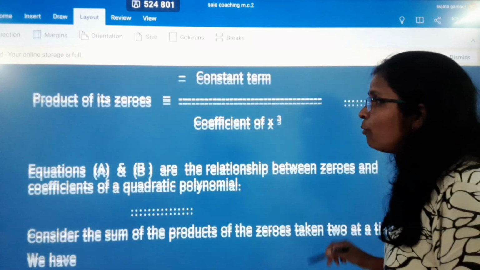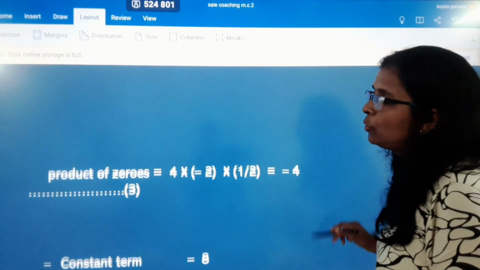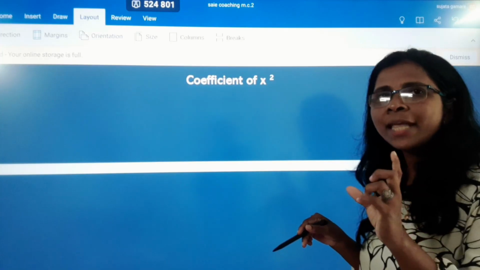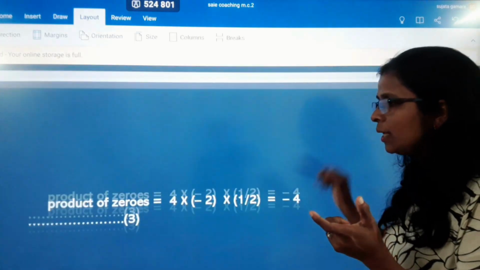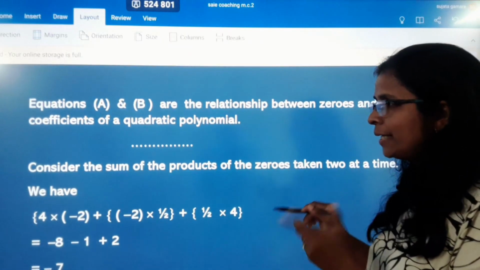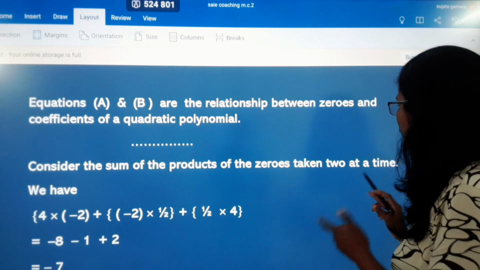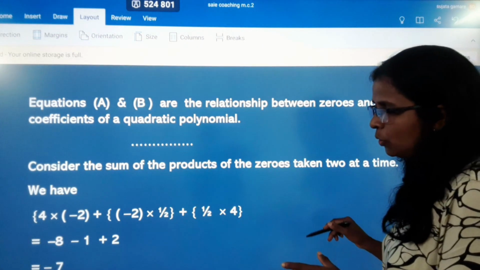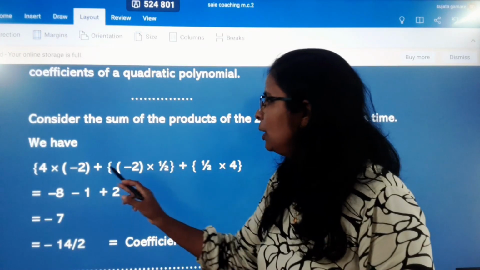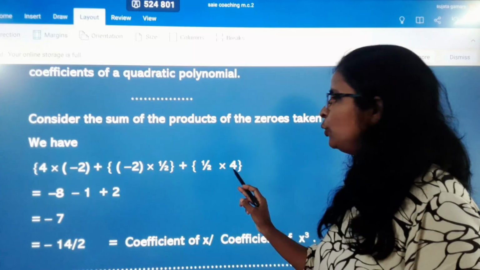Okay, so now see, in the cubic polynomial, the formula is slightly changed. In which way? That is the sum of the products of the zeros taken 2 at a time. So we get 4 multiplied by minus 2 plus minus 2 into 1 upon 2 plus 1 upon 2 into 4.